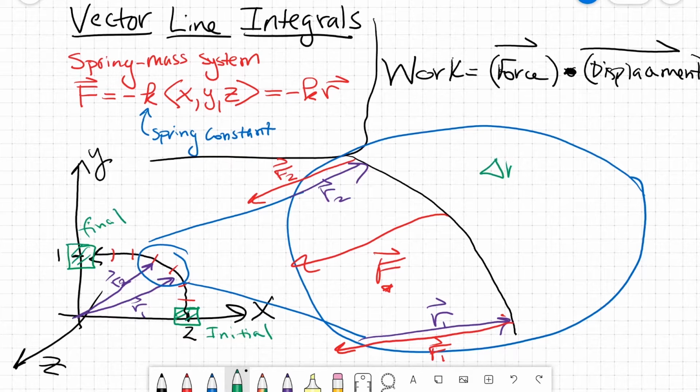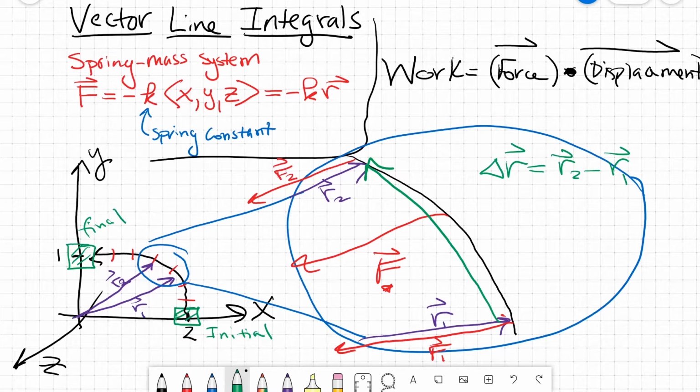At this point, star. Let's also look at the displacement around this small piece of this trajectory. We have that delta R is equal to R2 minus R1. Hence, it points along this way. So, because the force is roughly constant through this very small piece of the trajectory, we can just consider the force at any one of the points in this small segment as equal to all of the points of this very small segment.